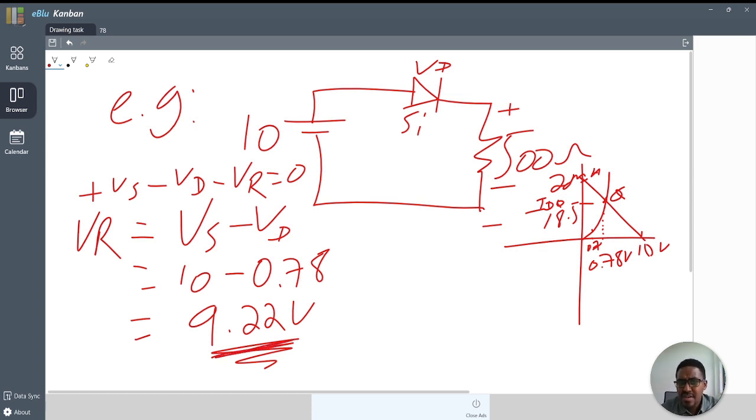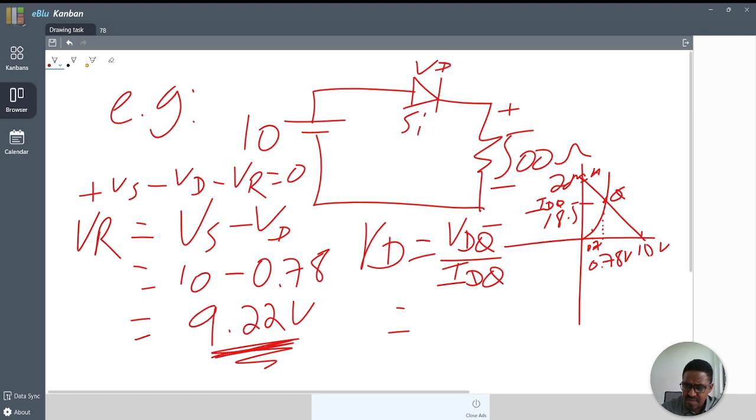So what about diode resistance? RD is equal to VDQ over IDQ. Then VDQ 0.78 over 18.5 milliamperes.